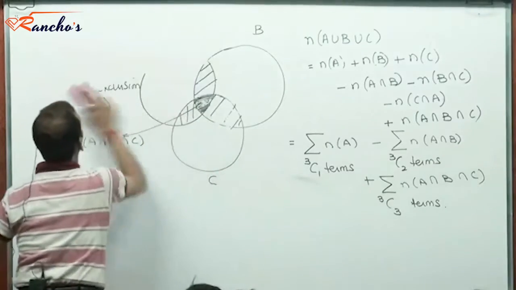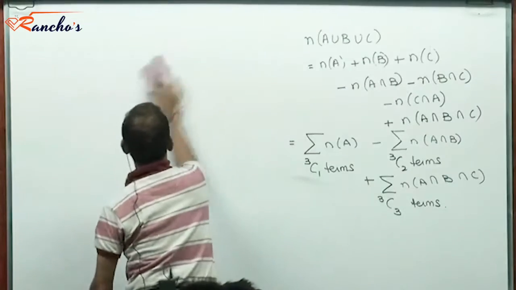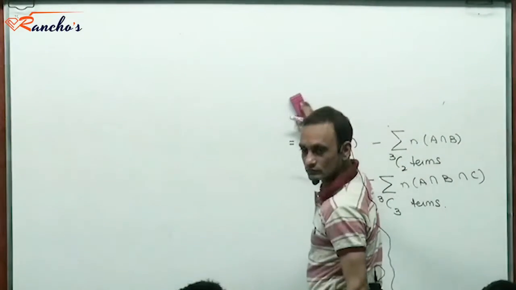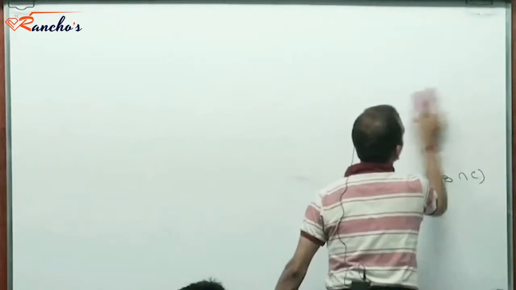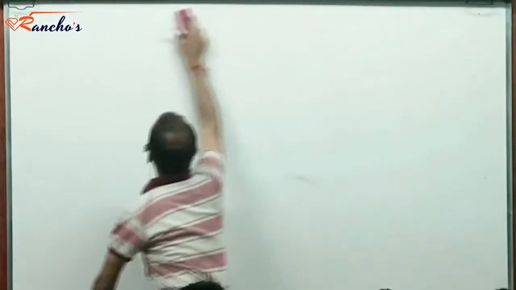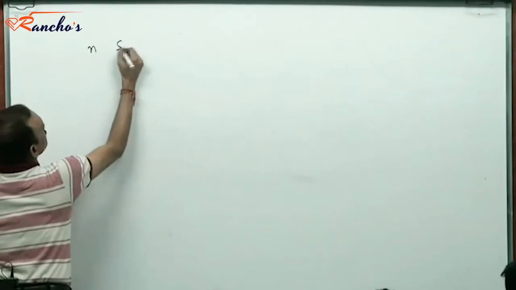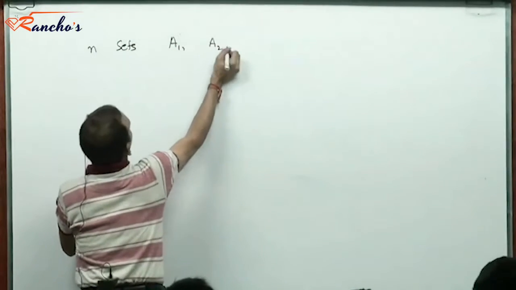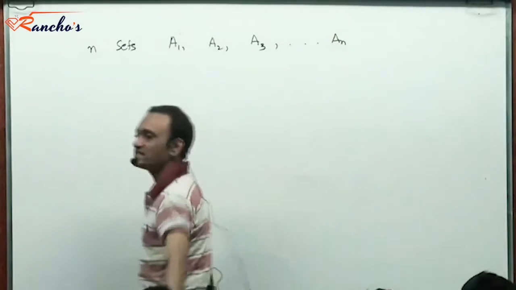Now, this is what you'll see in the generalization of the pi. So if there were n sets, refer to them as A1, A2, A3, An are the n sets.